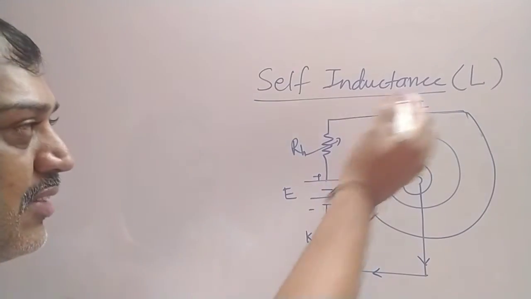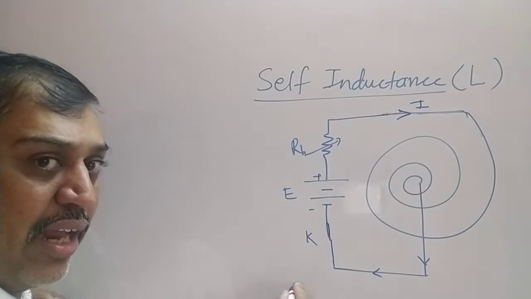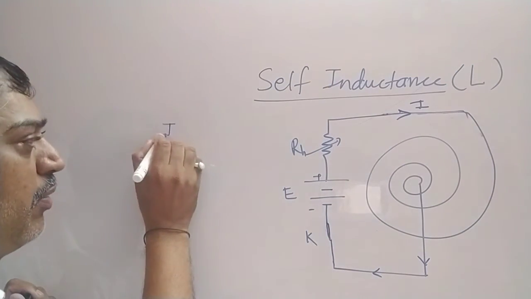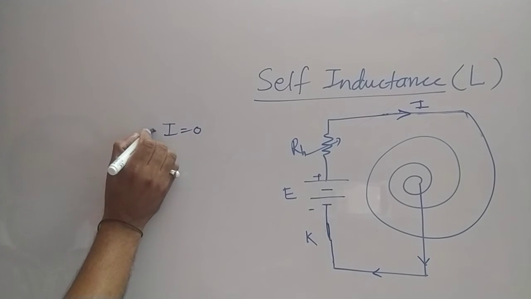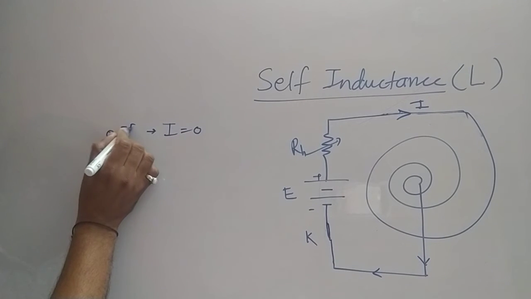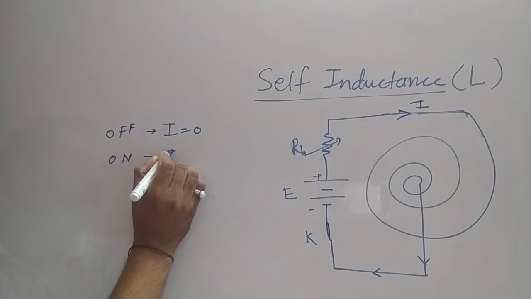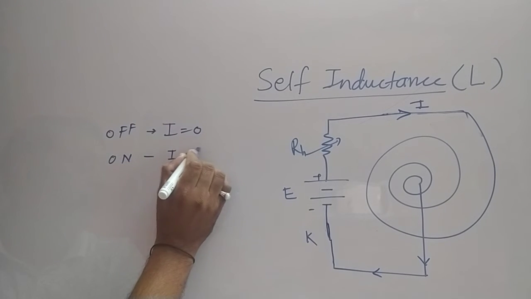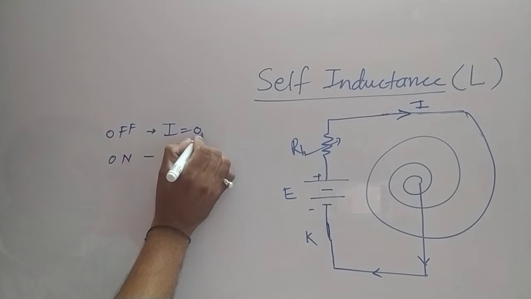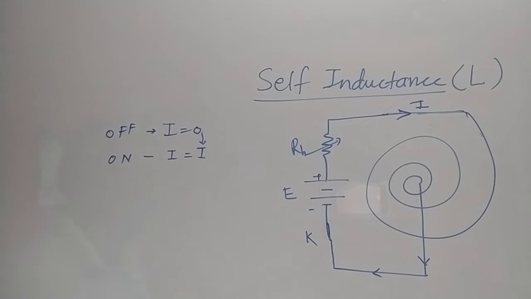I equal to 0 when the switch is in the off condition. When we switch on, the switch is closed, and I increases from 0 to I. The current increases. Changing current will produce what?